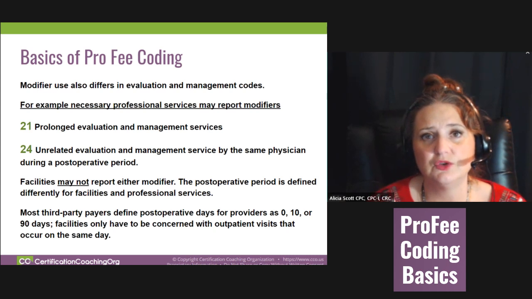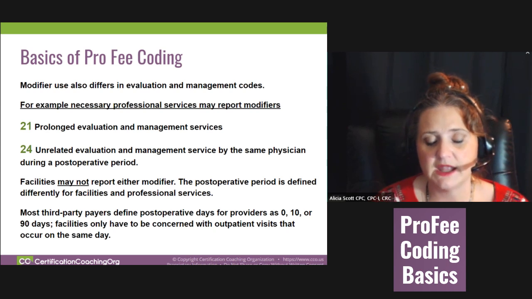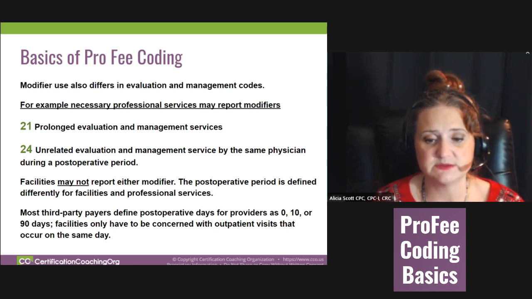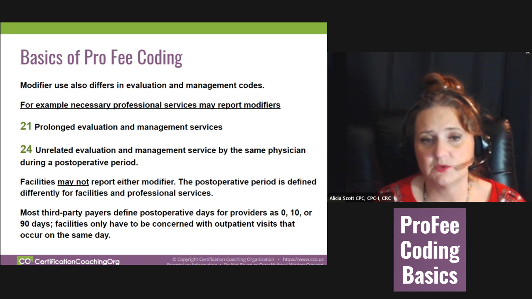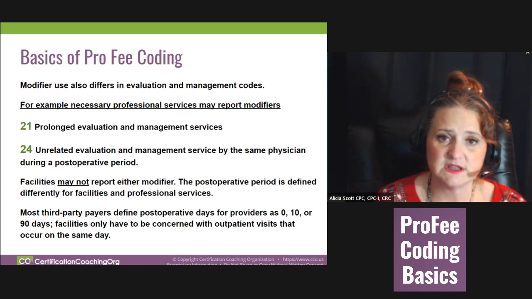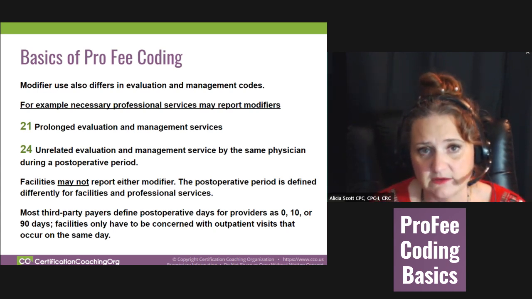When you do your annual wellness visits for Medicare, a lot of times the provider, especially in rural areas, will combine a sick visit with the annual wellness visit because they don't want to make the patient come back, right?